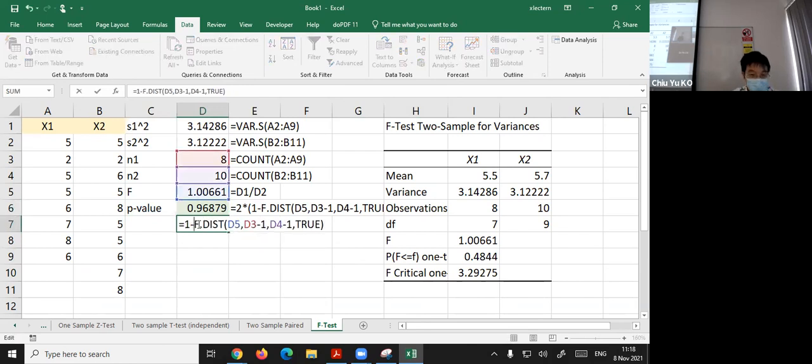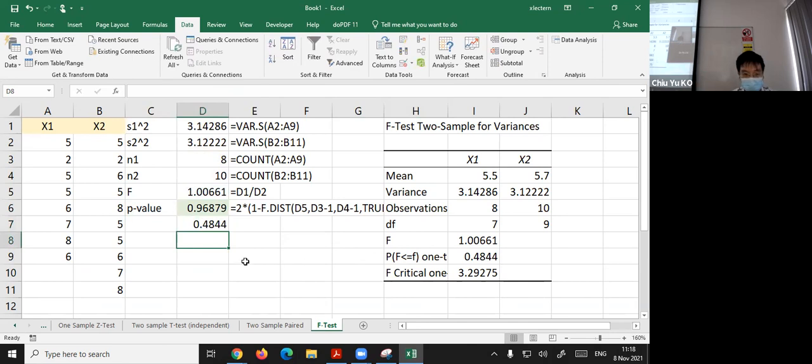They do 1 minus. I don't know why it's not quite white here, but this is what they're doing. They look at the smaller one. So their one tail is not exactly one tail, but Excel's one tail just automatically picks up the smaller one. They multiply by 2 in this one.